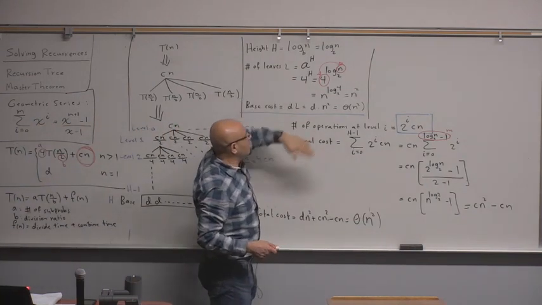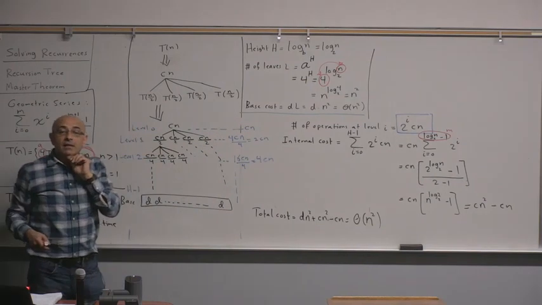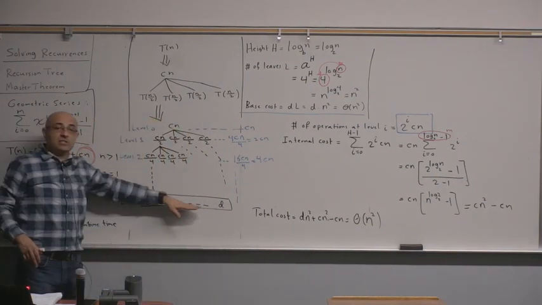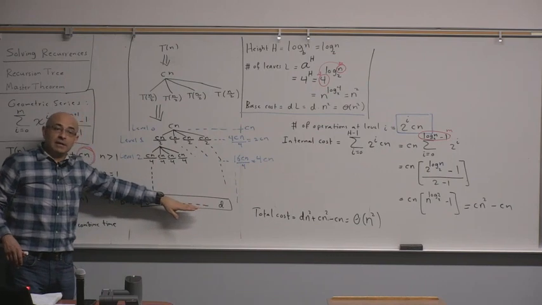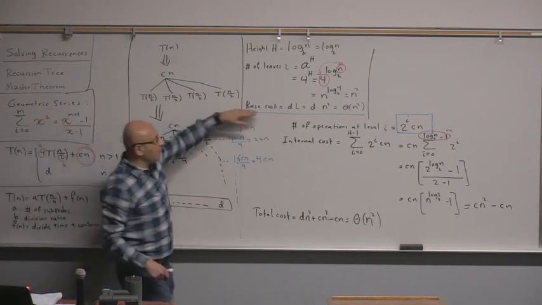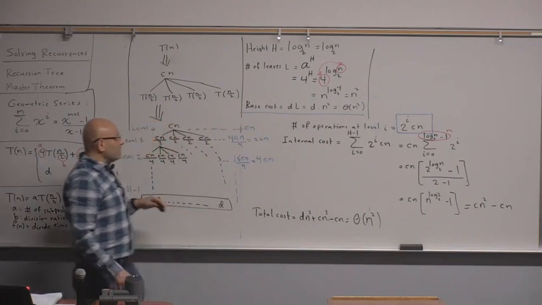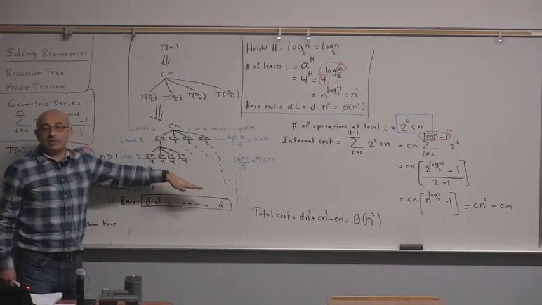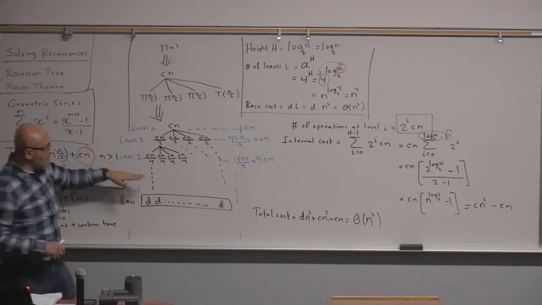Then we calculate the number of leaves. The number of leaves will tell us the base cost, how many operations we are doing at the base level. Then we calculate the internal cost, or the recursive cost, the number of operations internally.